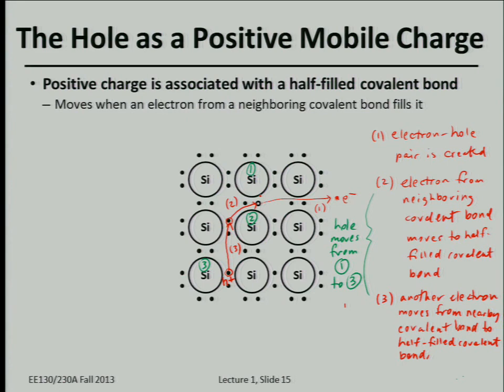And that's a half-filled covalent bond, this empty seat. So I'd like you to take your books, and then walk to the back of the row. And then, can you move up? So this is modeling an electron from a neighboring covalent bond filling the half-filled covalent bond, so the half-filled covalent bond moves here. So a positive charge.